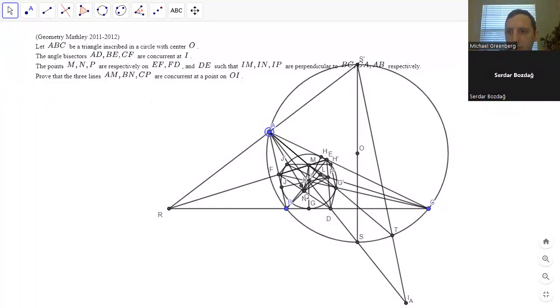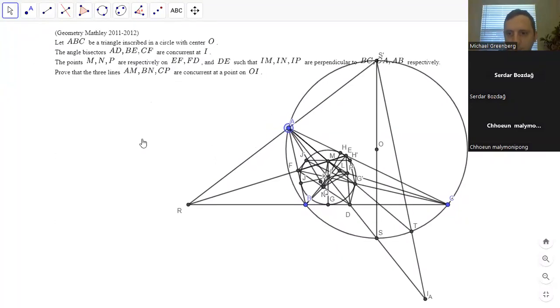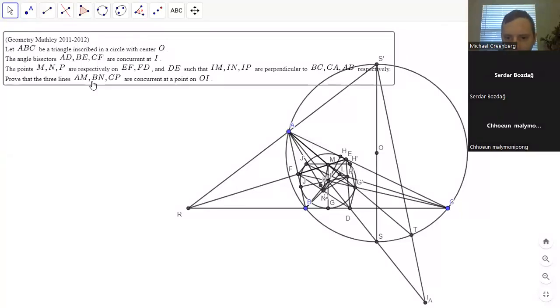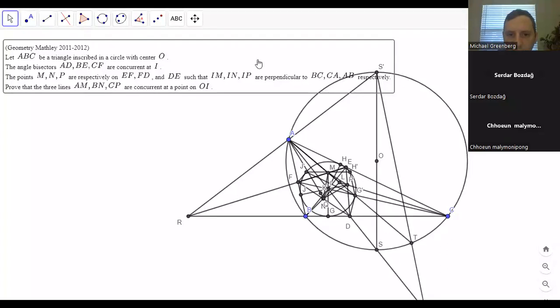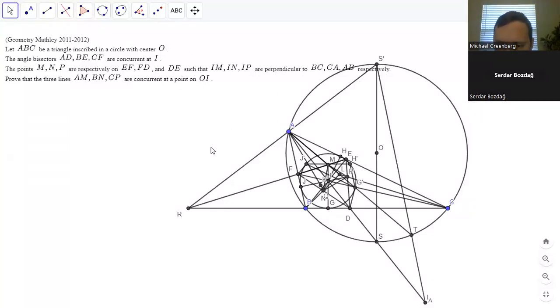Okay, so by the Cevian nest theorem, we have (G,R;B,C), that's (M,R;E,F), and (T,S';C,B).